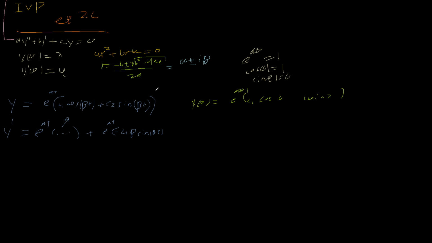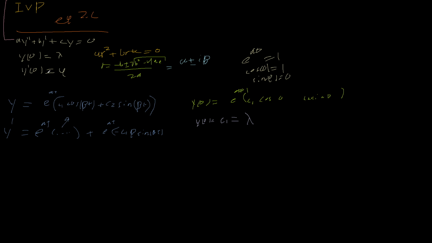So what does that tell us? Well, y of 0 is just c1, right? It's just the coefficient of cosine. And that's equal to lambda. So we don't need to actually do much for that. We basically get lambda for free.